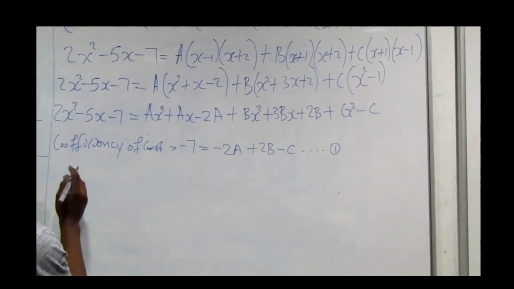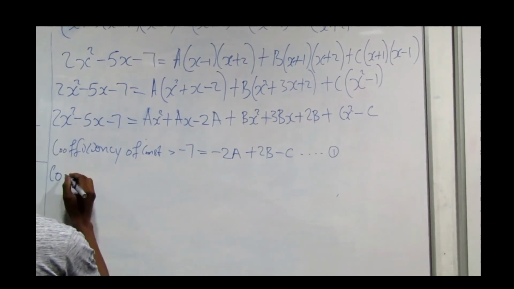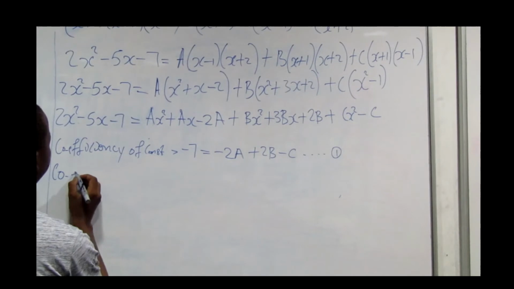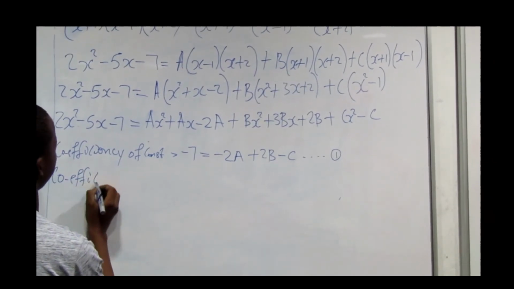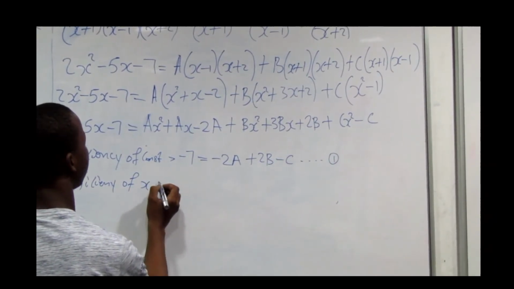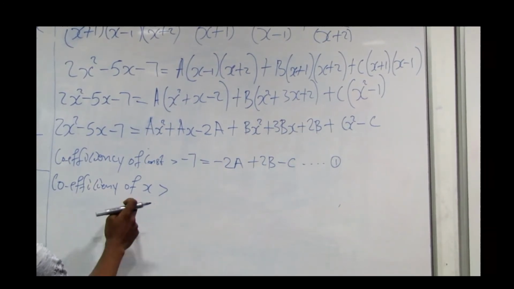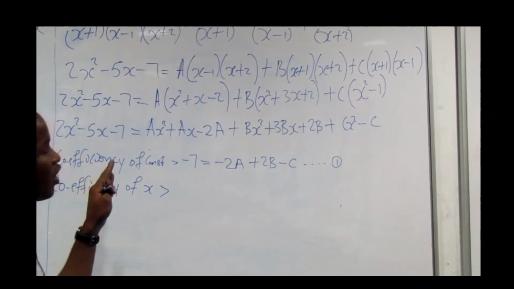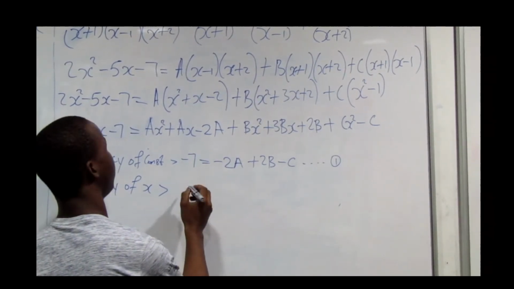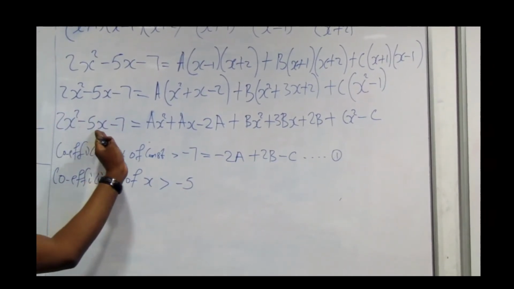Then for coefficients of x, you follow with the coefficients of x. This was the coefficients of a constant. For the coefficients of x, we look for a coefficient that has x only, not x squared. Here it is -5.